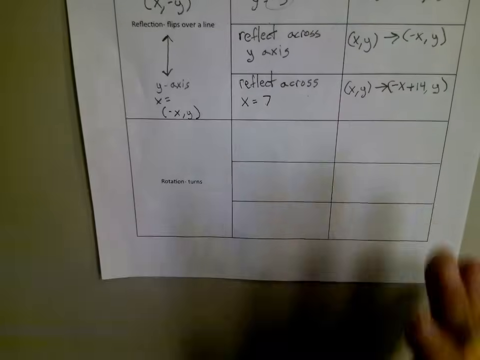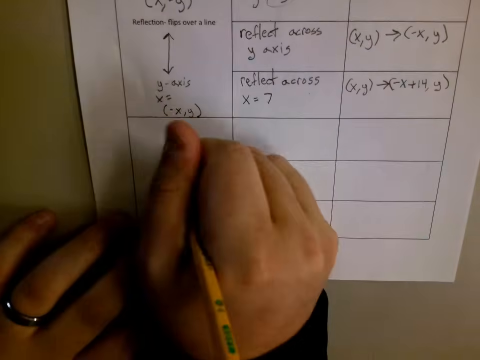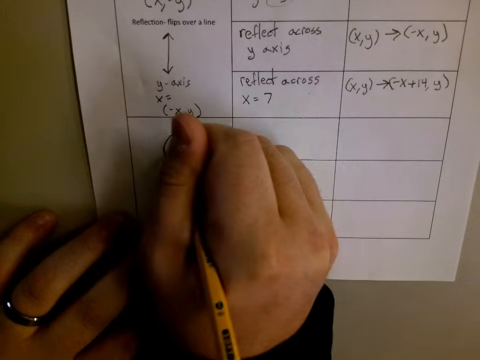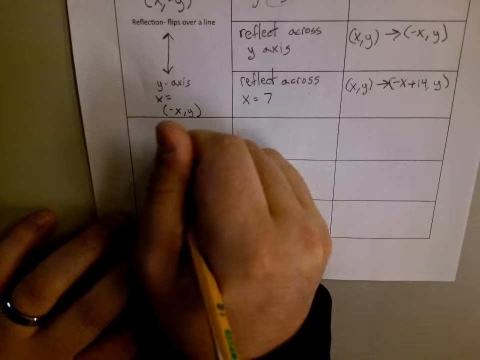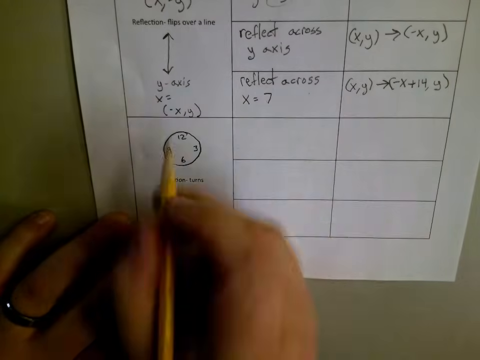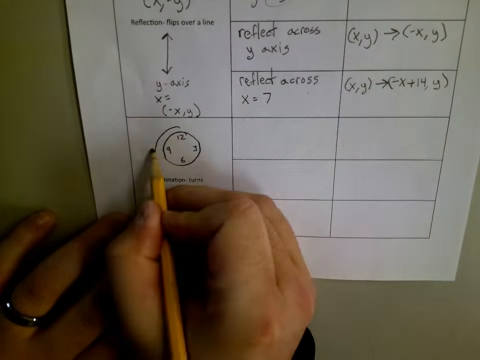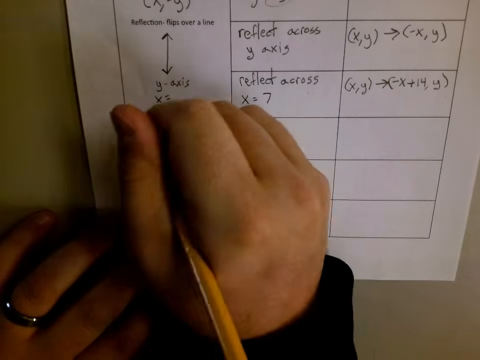So a couple things you got to know when we're dealing with rotations is first, let's talk about clocks. So when we go this direction, around this way, this is counterclockwise.